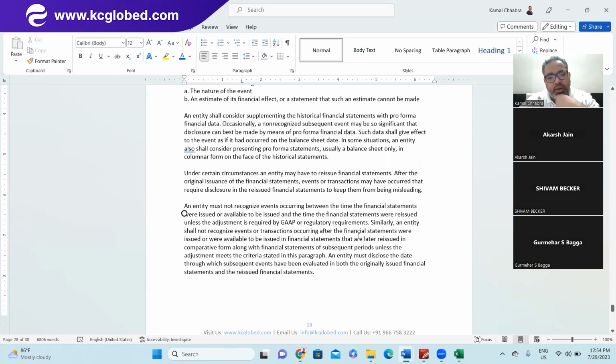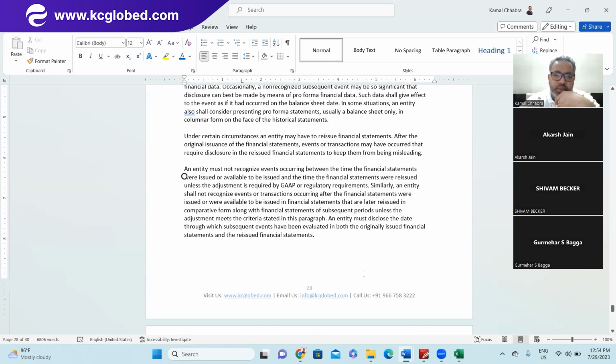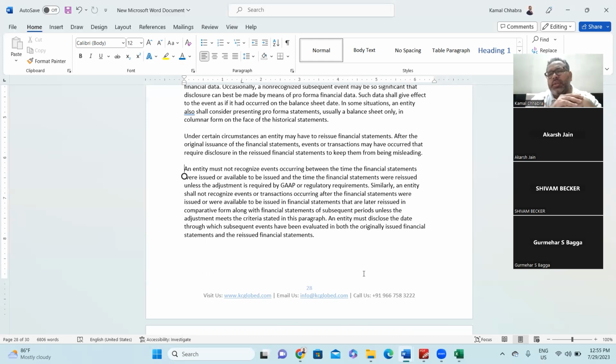Similarly, an entity shall not recognize the event or transaction occurring after the financial statements were issued or available to be issued in financial statements that are later reissued in comparative form along with the financial statements of the subsequent period, unless the adjustment meets the criteria stated in this paragraph. An entity must disclose the date through which subsequent events have been evaluated in both the original issued financial statements and reissued financial statements. Here, this is an exception to the general rule.